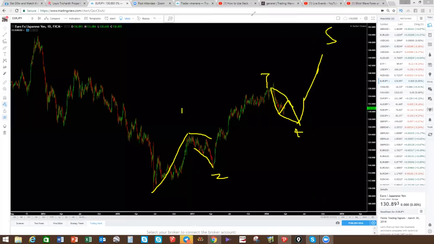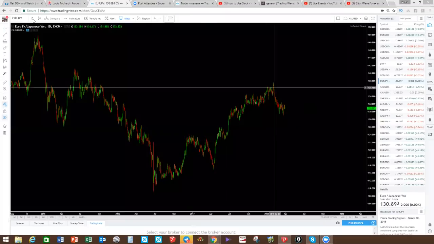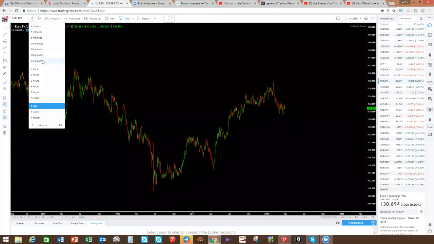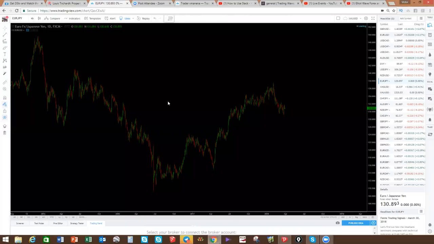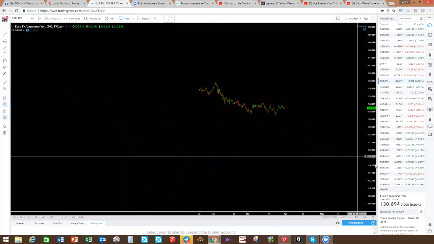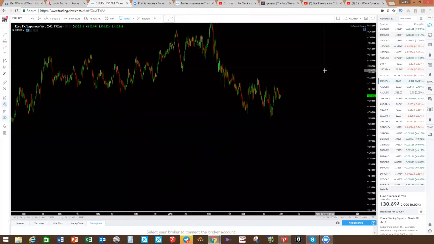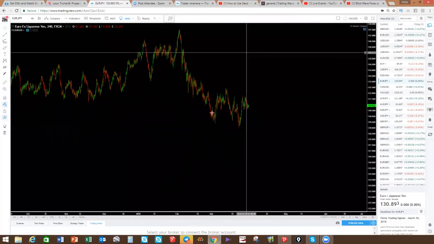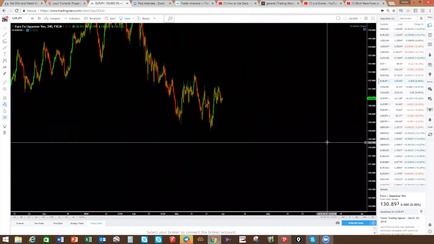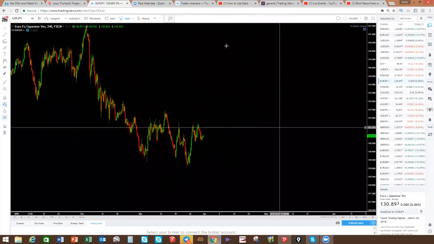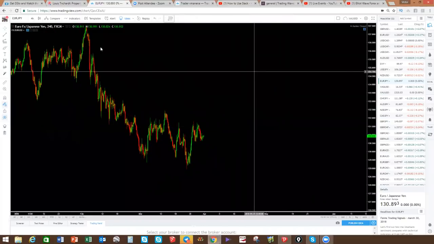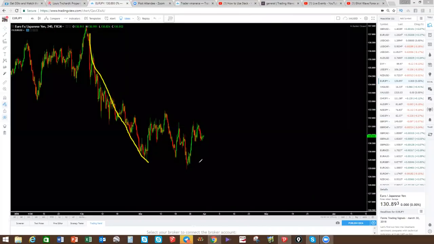So let's look here what is happening. So that is the first piece from the top, the first drop. So now we're expecting this corrective structure to form before we get a next move up.